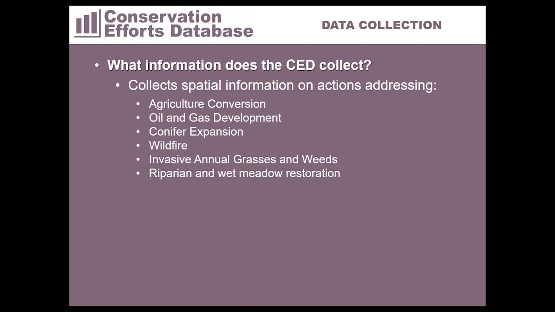Now, the actions that would address those are predominantly conservation easements and land acquisitions, things like conifer removals, conifer cuts, post-fire restoration or potentially fuels management projects or treatments on the front end, as well as invasive annual grass treatments. You can all picture cheatgrass treatments, spraying, targeted grazing, things of that nature.